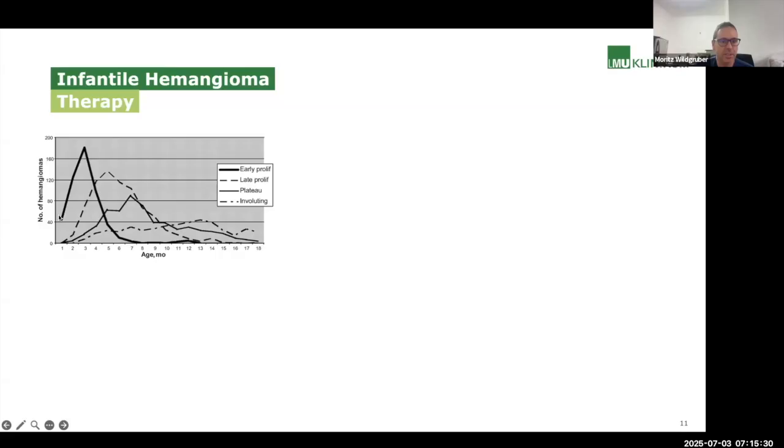But the good thing is, you see here on the black line, most of the infantile hemangiomas vanish by themselves. So no need to treat.